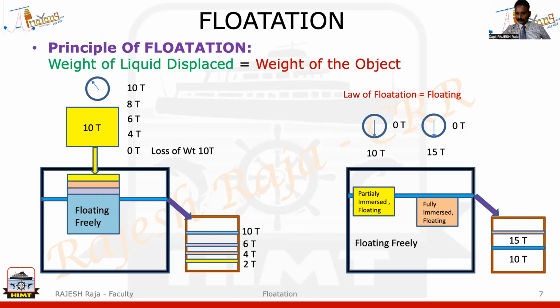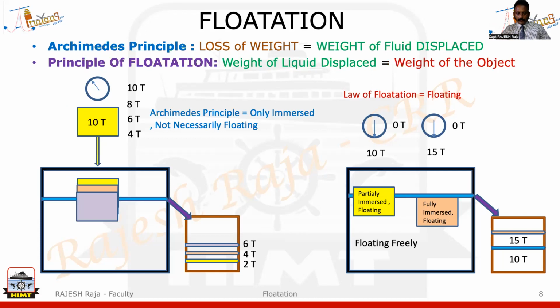You can see these are 2 cases, both the cases of floating, but one is partially immersed and one is fully immersed. But both of them are floating. Right now, they are both floating, which is evident because I've already displaced water equal to my body weight. The first object was 10 tons and the second object was 15. Both of them are floating. Now, please look at the relation between Archimedes principle and flotation.